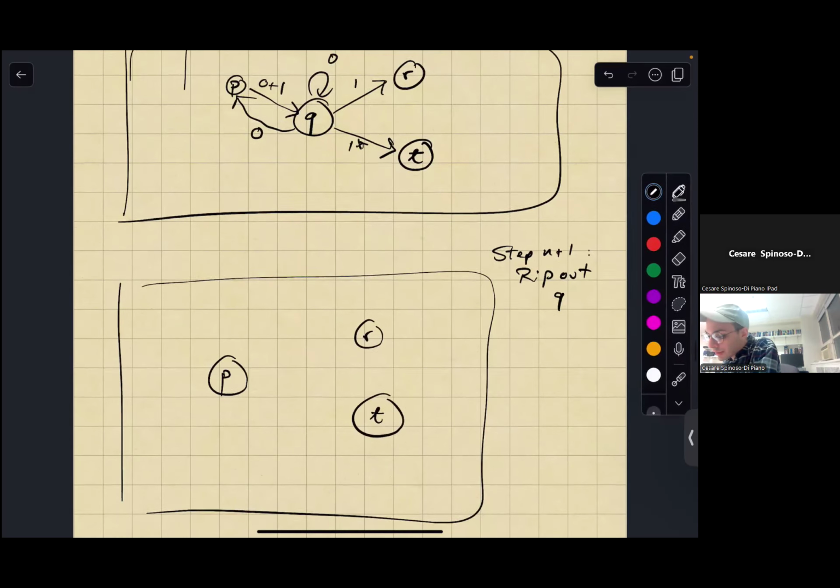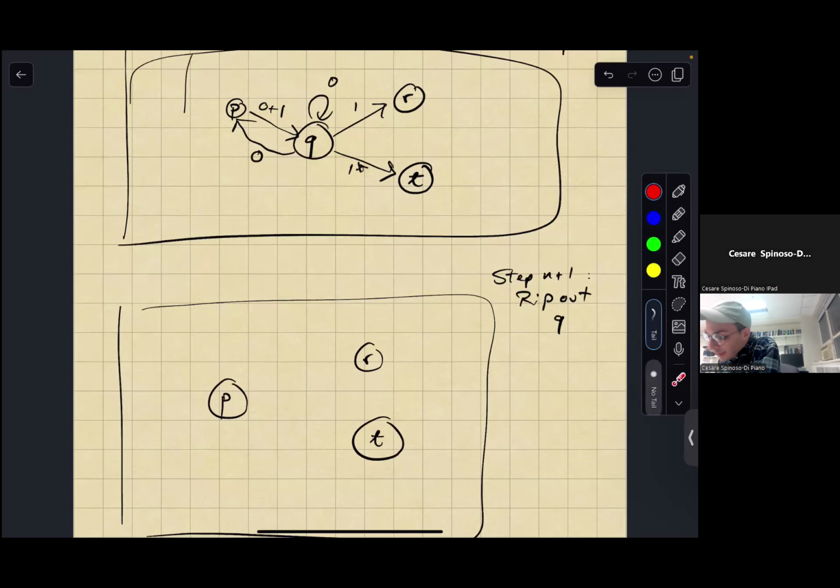I need to say, well, I can get from P to R using Q. How do I do that? Well, I borrow this edge, so either 0, 1, then I go through any number of zeros, and then I read a 1. So then I can just write that down in terms of a regular expression: any number of zeros, then 1.